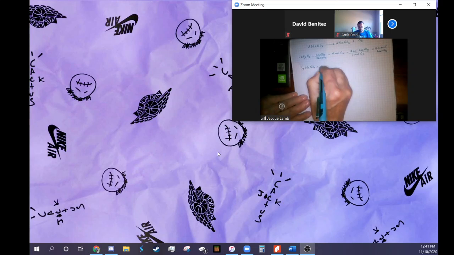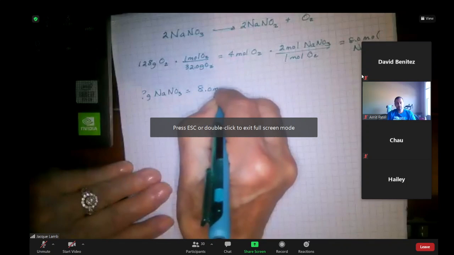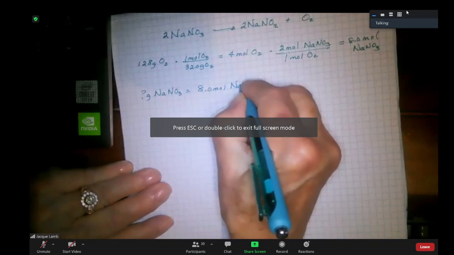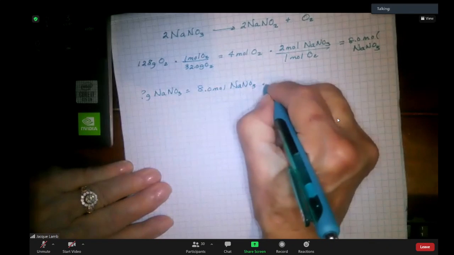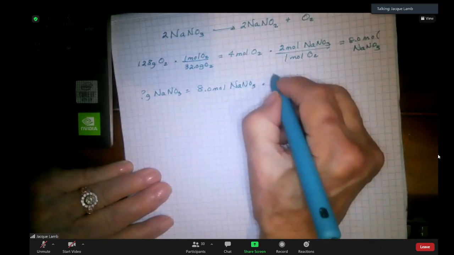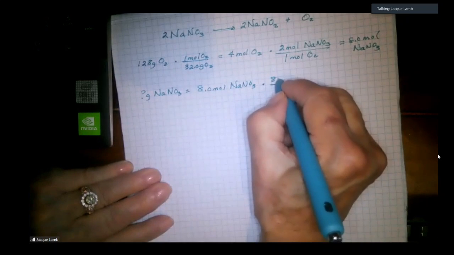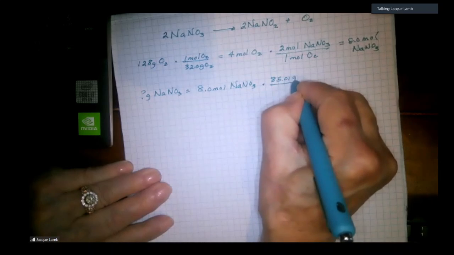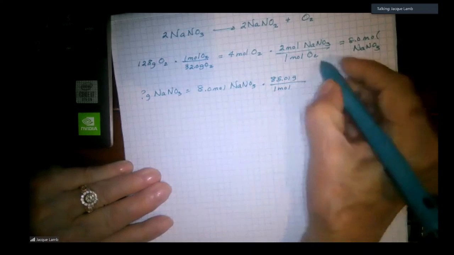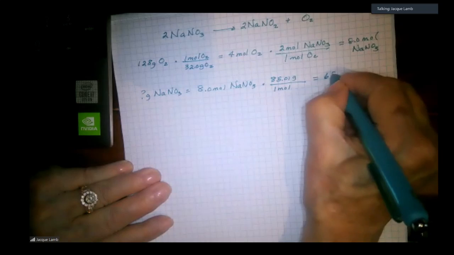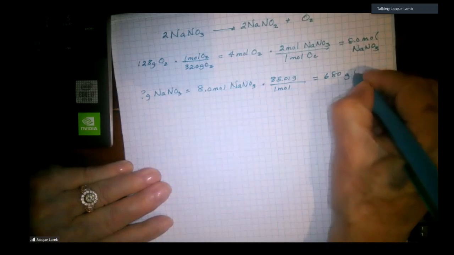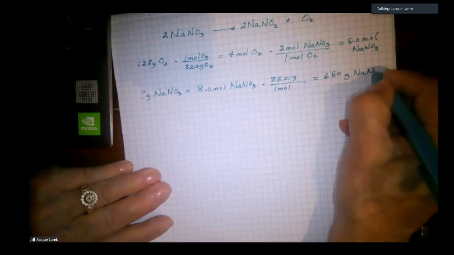Sodium nitrate equals 8 moles. For the mass of sodium nitrate, the molar mass is 85.01 grams to 1 mole. So it's 680 grams of sodium nitrate.